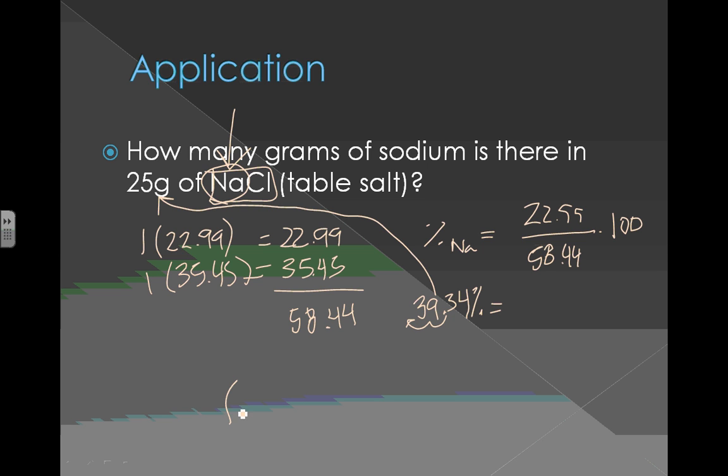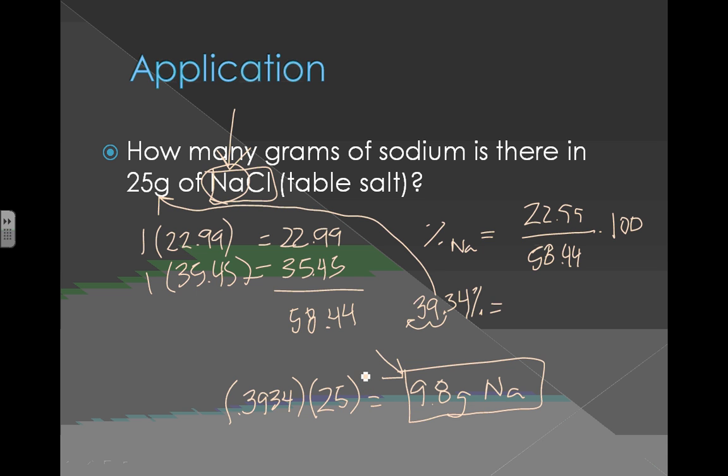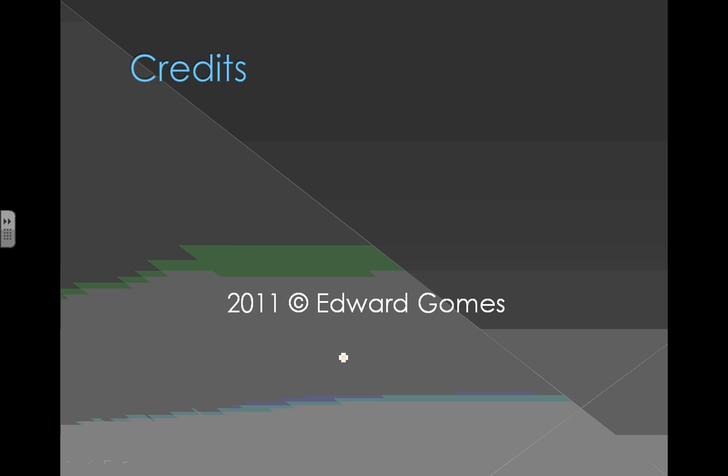Then I'm going to multiply it by the mass, 25, and my answer is going to be 9.8 grams of sodium. So in a 25 gram sample of sodium chloride, I have 9.8 grams of sodium. All right, that's it. You can do some practice problems now.